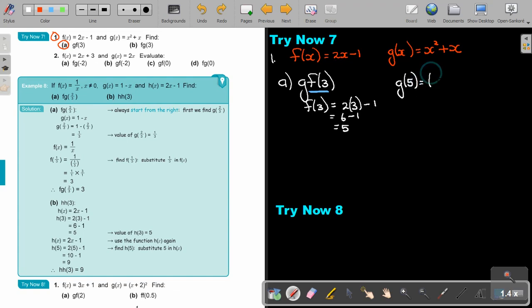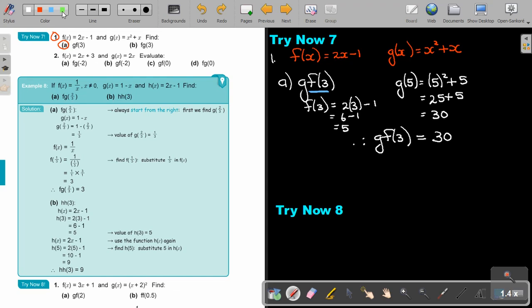And that will be 5 squared plus 5, and that's 25 plus 5, and that will give me an answer of 30. So therefore, gf(3) will give me a final answer of 30.